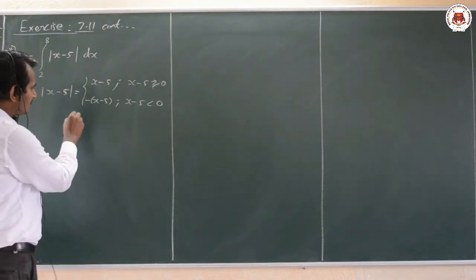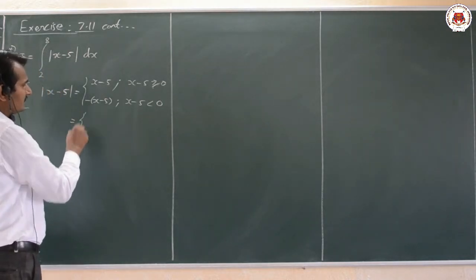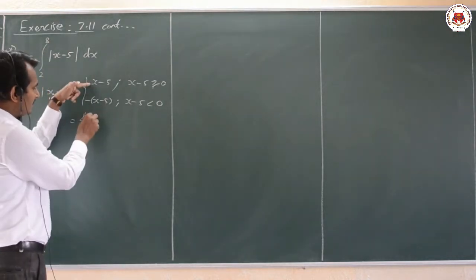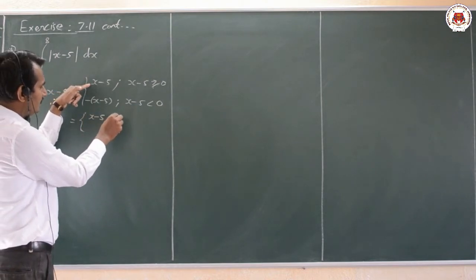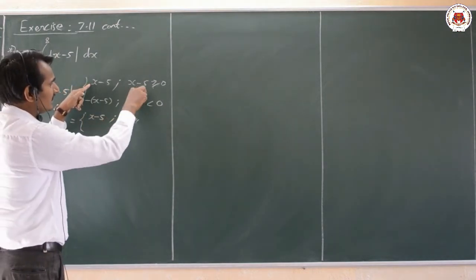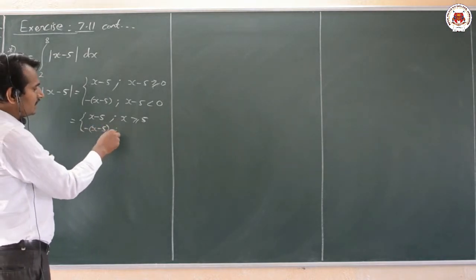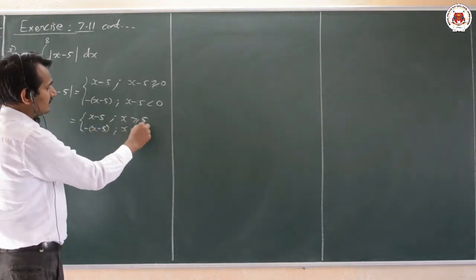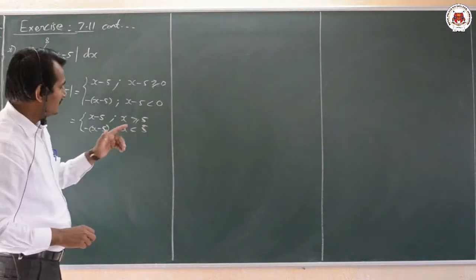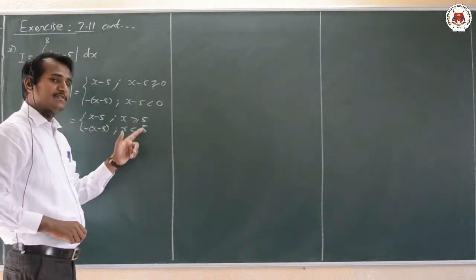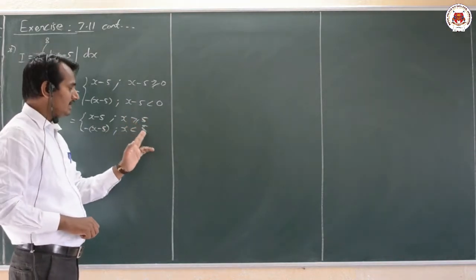Now the same thing I can write as x minus 5 when x is greater than or equal to 5, and minus of x minus 5 when x is less than 5. That means the point of change here is 5.